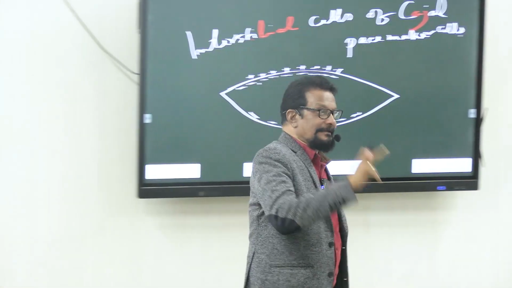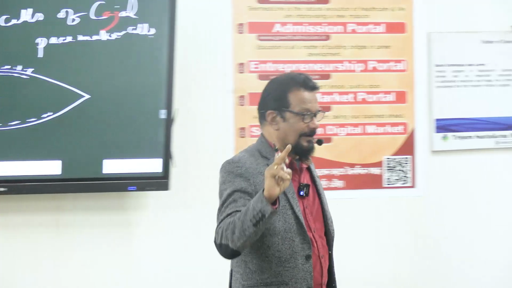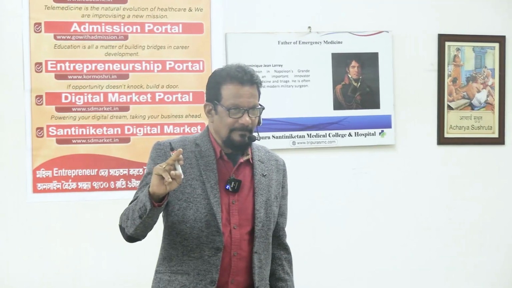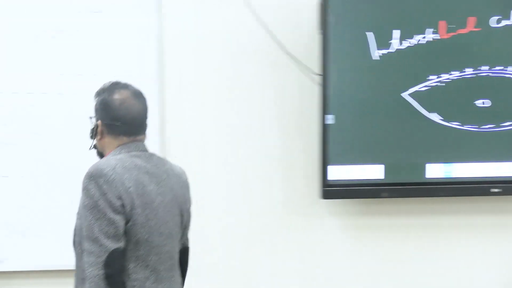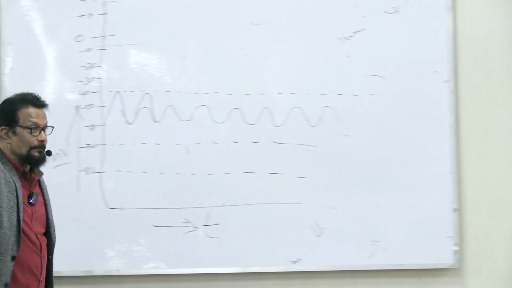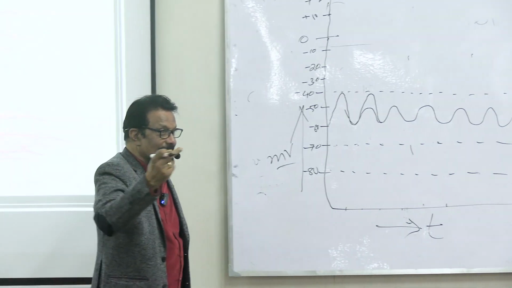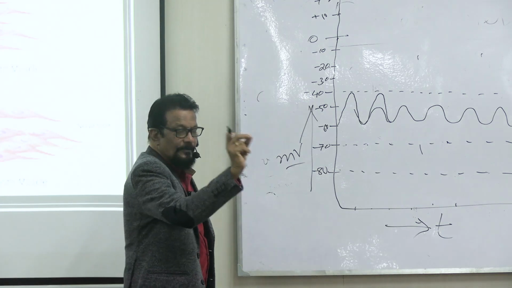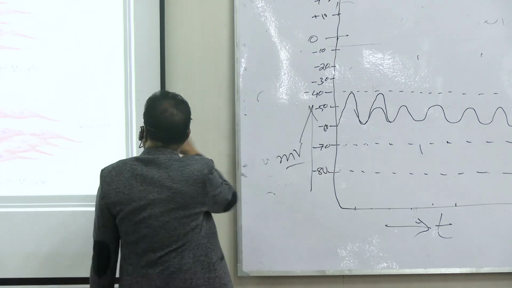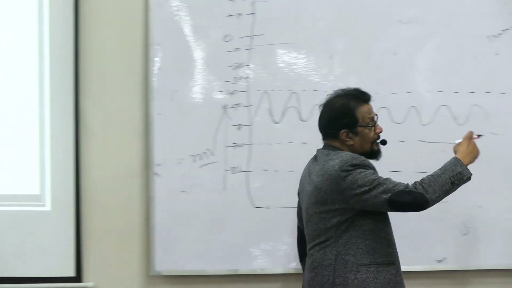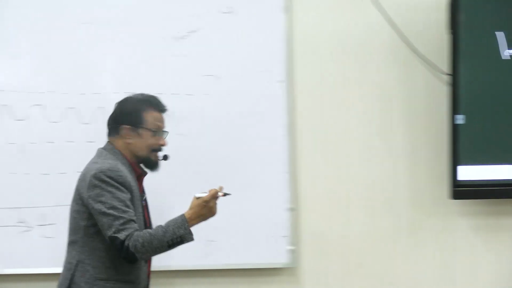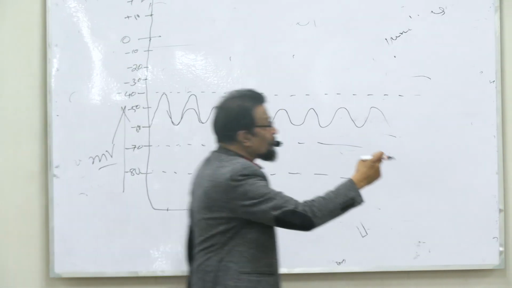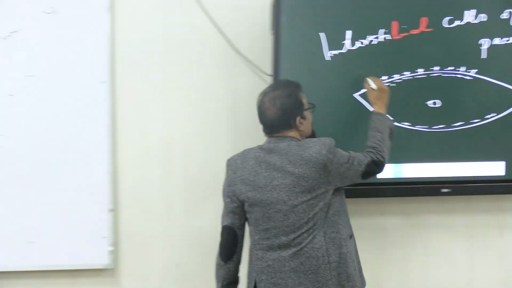But whenever you will be touching this Lakshman Rekha, what will happen? Let's see what happens. The interstitial cells of Kajal transmitted some impulse to the muscle cells. As a result, these cells will be depolarized.